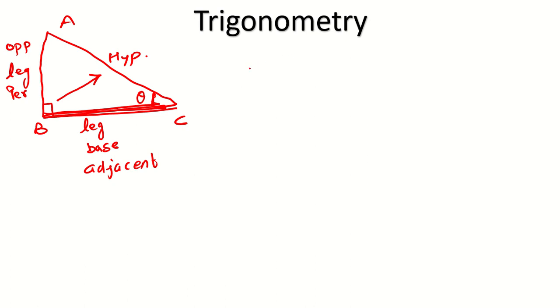So what are the six trigonometric functions we are going to define? First is sine theta. Its full name is sine, S-I-N-E, but in short we write it as sin. Sine theta is equal to perpendicular over hypotenuse, which is AB over AC.